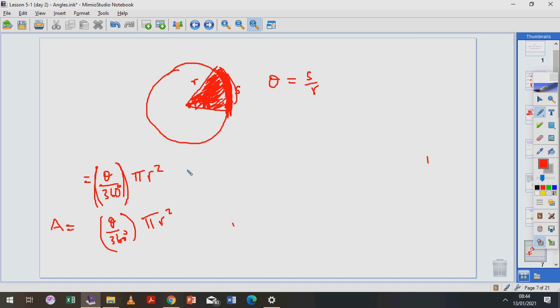Yes, I want to change this angle to radians. How do I change angles to radians? Multiply by pi over 180. So I am changing that angle to radians, but remember it was out of 360. Is this right?